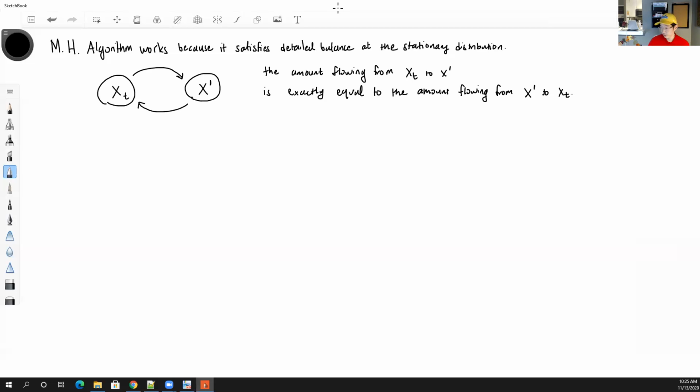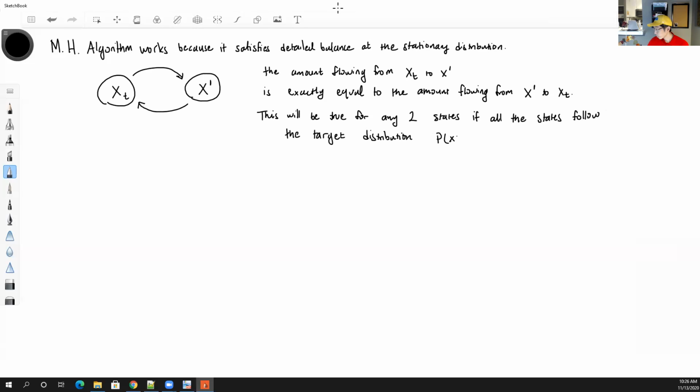Okay, and this will be true for any two states, if all the states follow the target distribution, P of x.